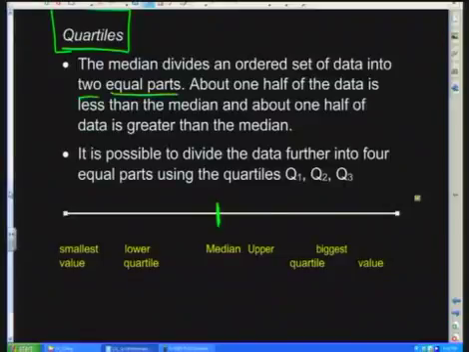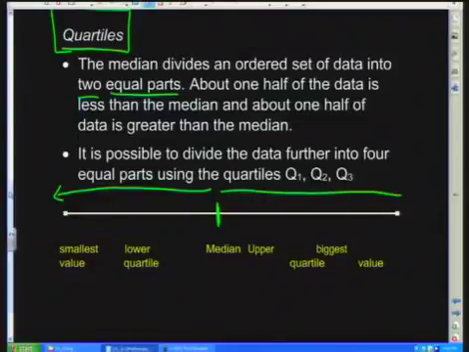Now what that means is about 1/2 of the data is less than the median, and 1/2 of the data is greater than the median. It is, however, possible to further divide this data into 4 equal parts. So remember, your median's dividing it into 2 equal parts. We can now divide it into 4 equal parts using the quartiles.